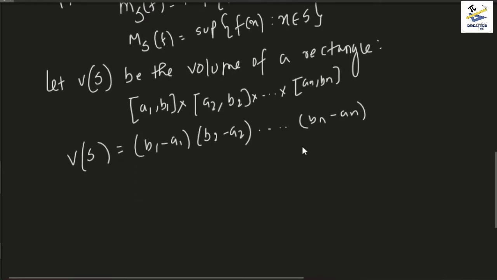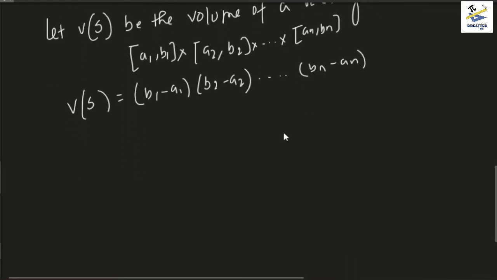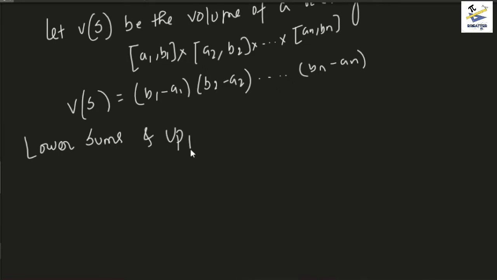Now the lower and upper sums of f for P are defined by, this is very important, lower sums and upper sums. So the lower sums and upper sums are defined as follows.